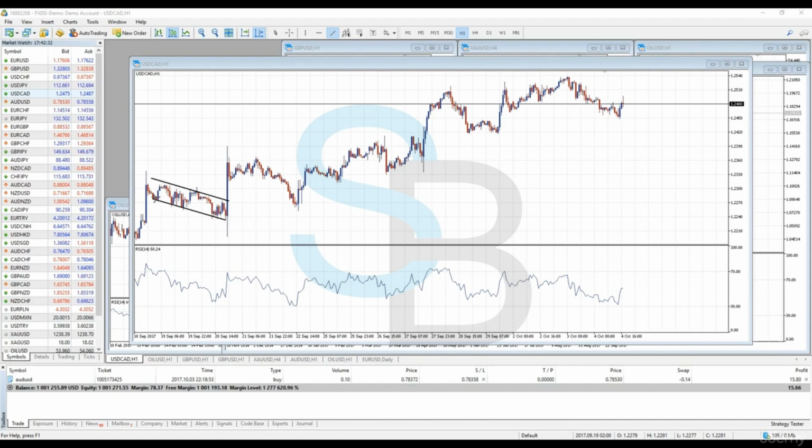For example, as we were continuing to trade in this downward channel here and we finally got this breakout, it's only natural for anyone that got into this trade to be considering closing out some of their positions as they're looking at their account and seeing that they're up quite a bit in profit.